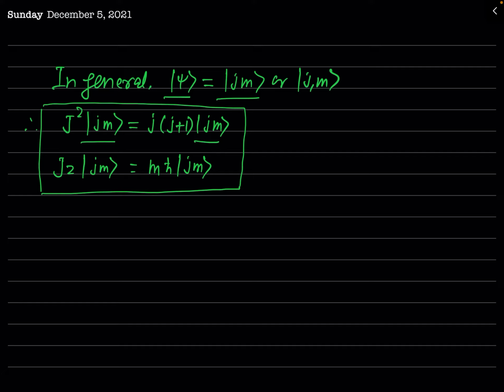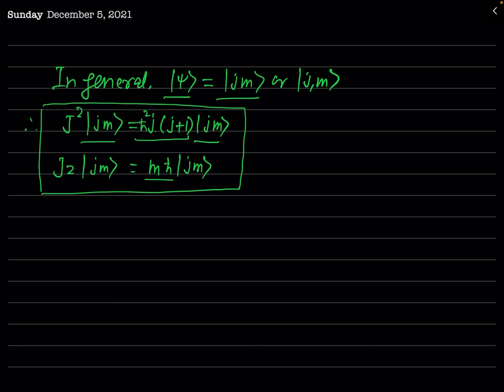The eigenvalue of operator J square is, sorry, there should be h bar square here: h bar square j times j plus 1 ket jm. So this j times j plus 1 h bar square is the eigenvalue of operator J square, and Jz has the eigenvalue m h bar.